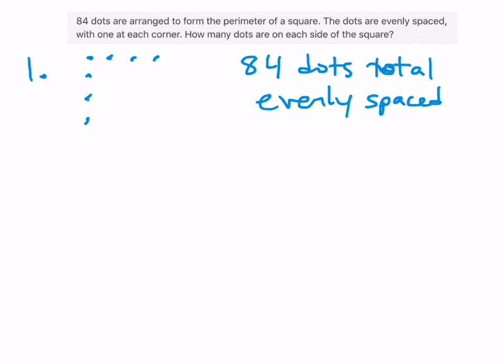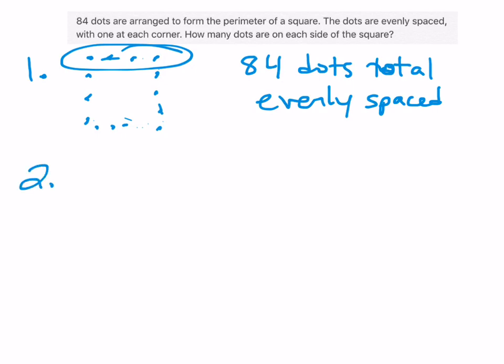So that's important, understand the goal of the problem. In other words, I've got this square arranged with 84 dots spaced all the way along, and I want to know, looking at just one side of the square, how many dots are on that side.